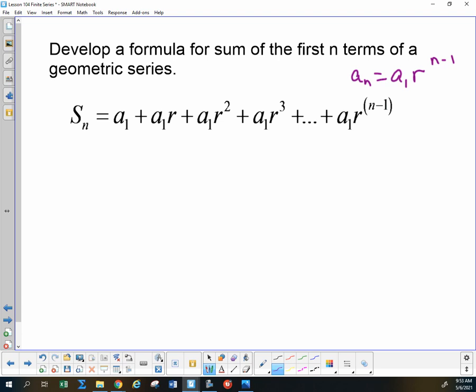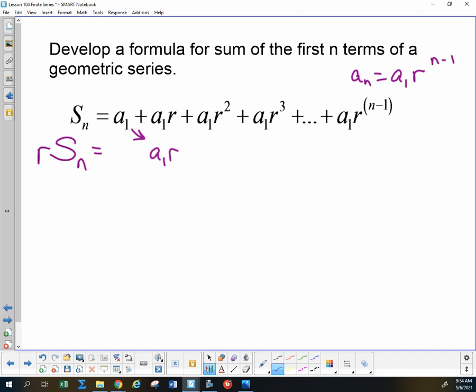Now, my trick is I am next going to multiply that entire series times r. So I'm going to take r times that whole series. So I need to multiply r term by term by what I just wrote down. So I'm going to take a1 times r, and I get a1r, but I'm going to write that underneath the matching a1r.